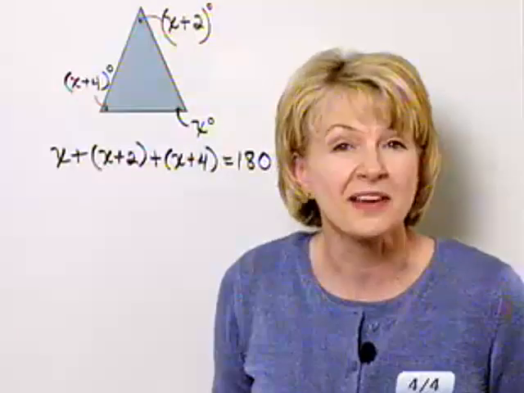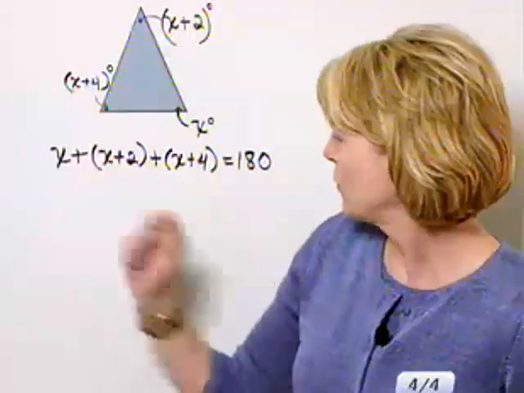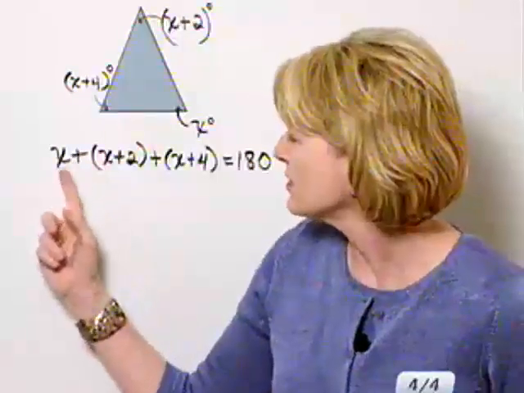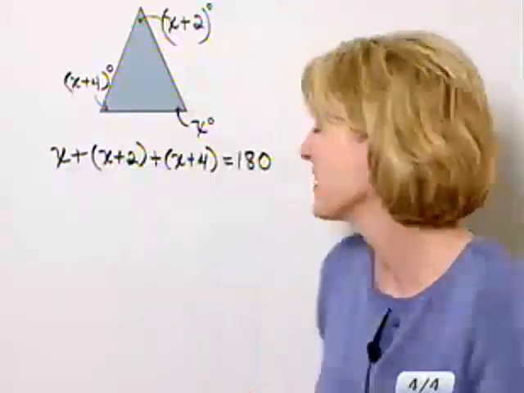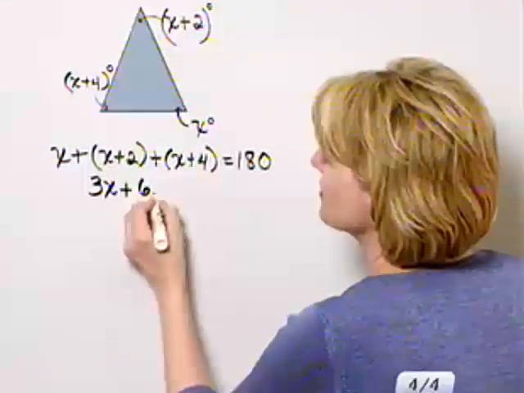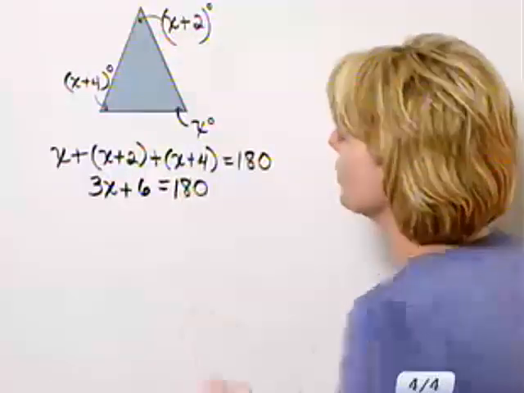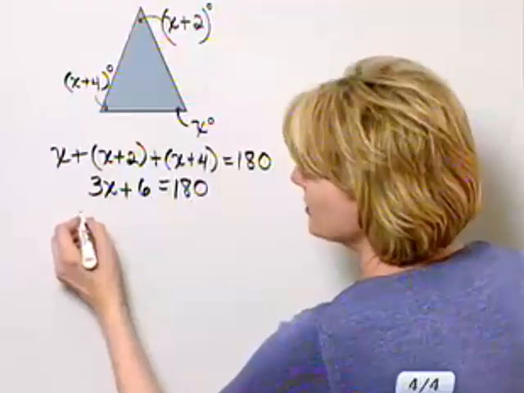Let's now solve this equation, step 3. To solve, let's look for like terms. What is x plus x plus x? That is 3x. And then plus 2 plus 4 is 6. That equals 180. Now we will subtract 6 from both sides.